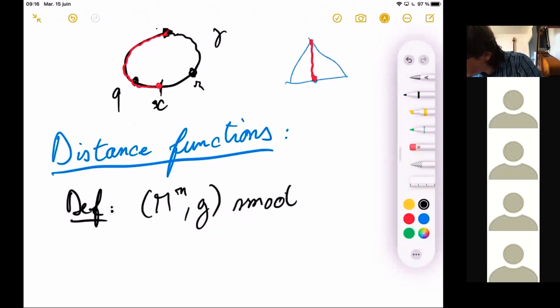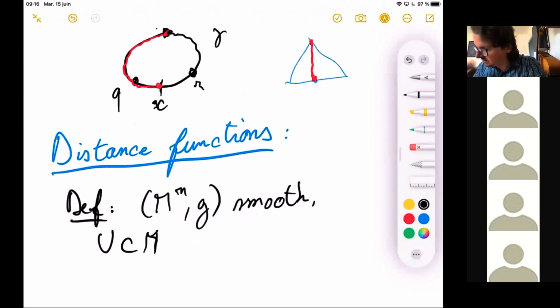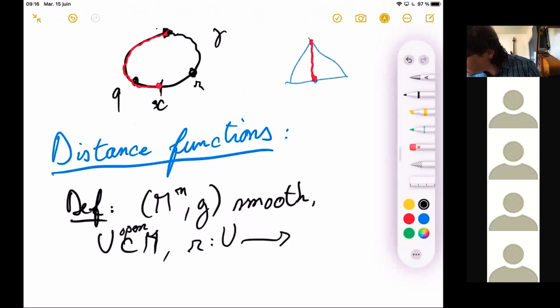This is a really local statement, so for the definition we only need to work inside some open set in M. I take a real-valued function r, which I assume to be smooth.